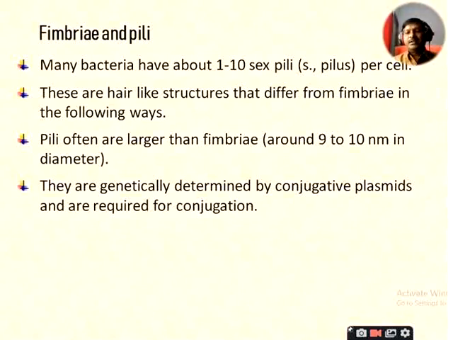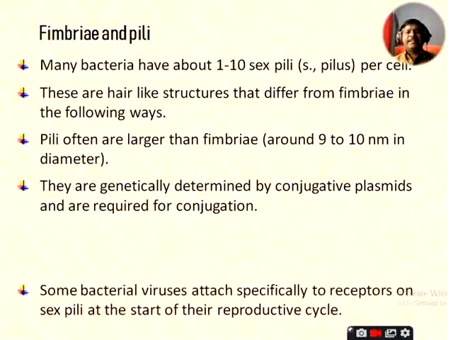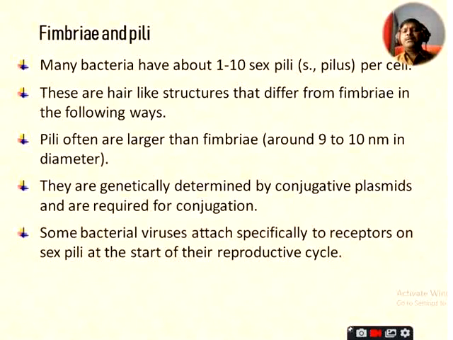Is it okay? Now some bacterial viruses attach specifically to receptors on the sex pili at the start of their reproductive cycle. Viruses, we know, are parasites and they are totally dependent on their host.